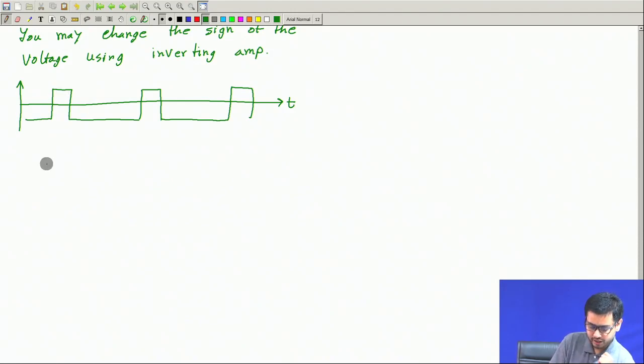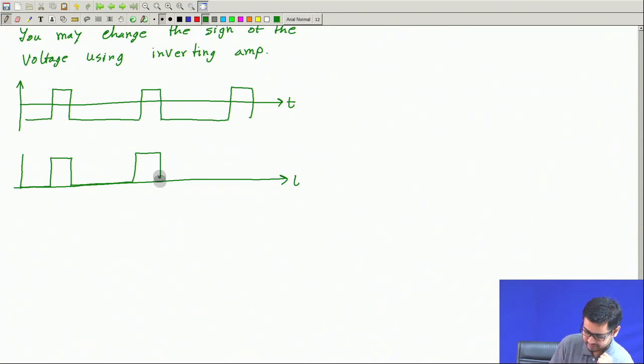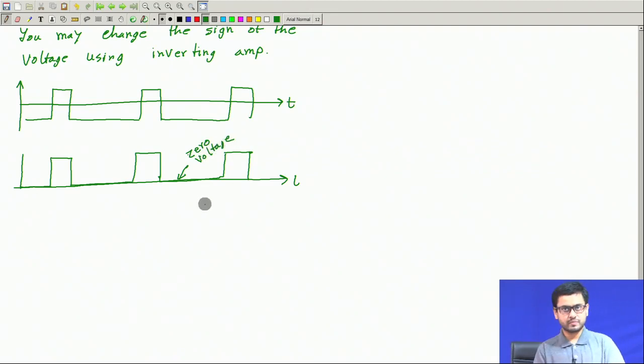But what if you want the pulse train with a pattern like this, where this is the 0 level, so this is the 0 voltage level. So, how can you come from this to this? This could be an interesting question to talk about.